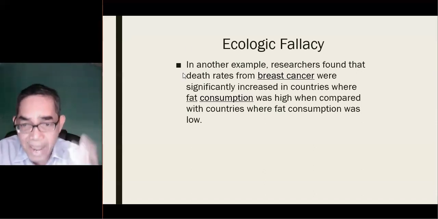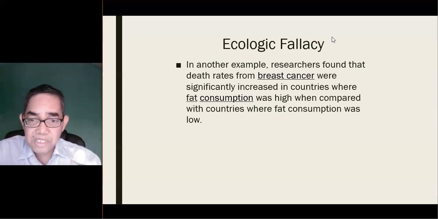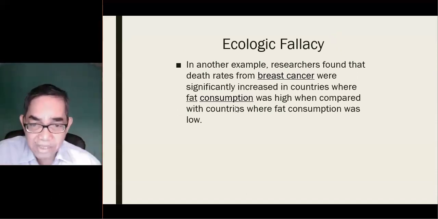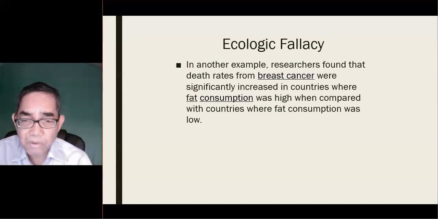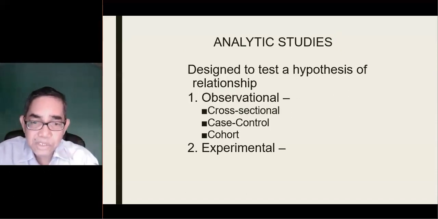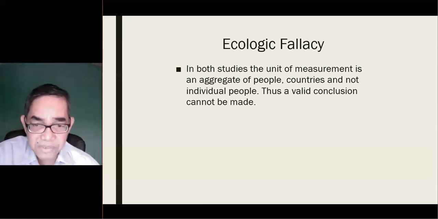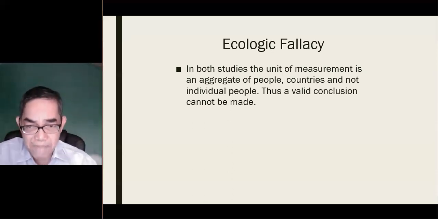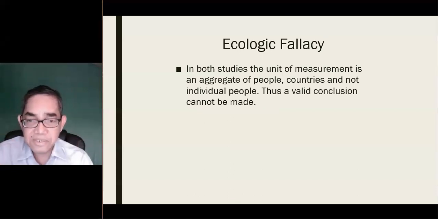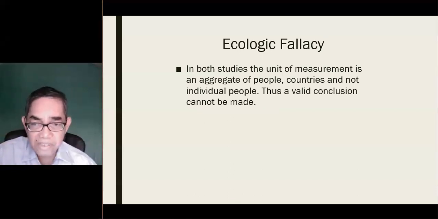And that breast cancer being significantly higher with those who have increased fat consumption is also invalid because of that ecologic fallacy. The main reason for this is that you cannot make a valid conclusion, because the unit of measurement is an aggregate of people.